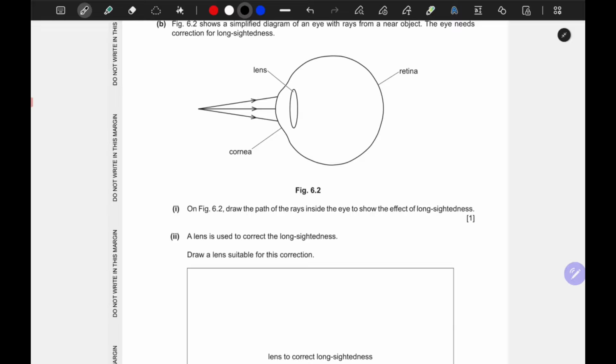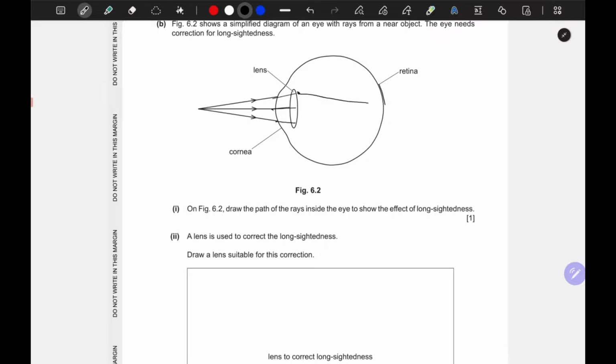So long-sightedness happens when we've got the lens, and if you continue this diagram until here, it's going to be the same, but now they're going to start converging. But the problem is they're going to converge behind the retina. That's why it's blurry.